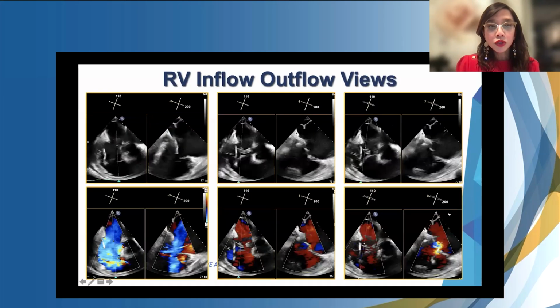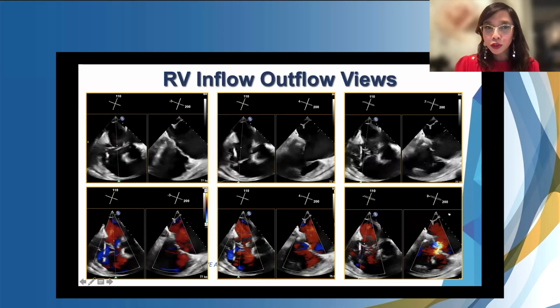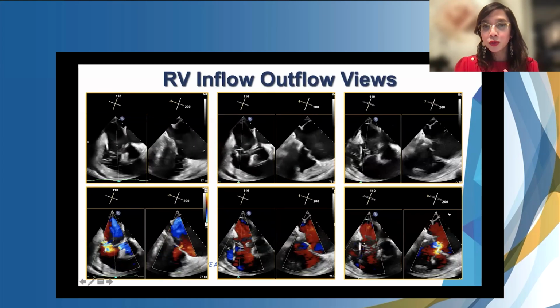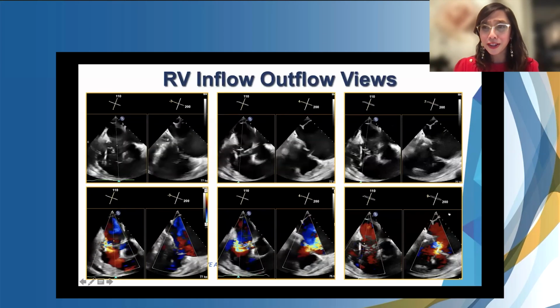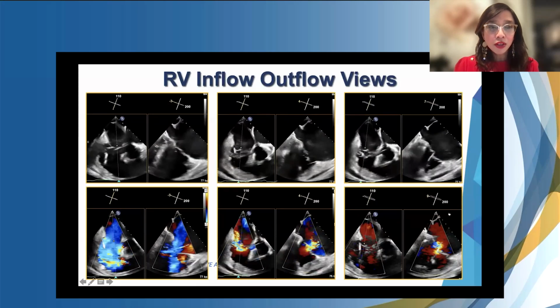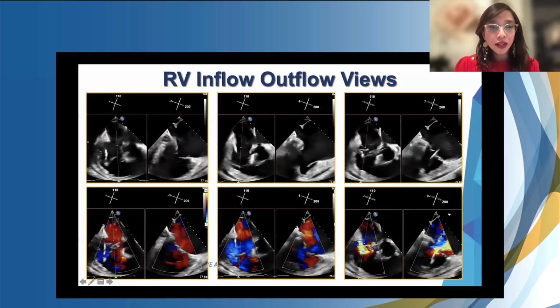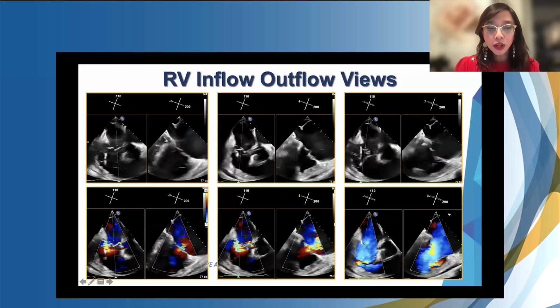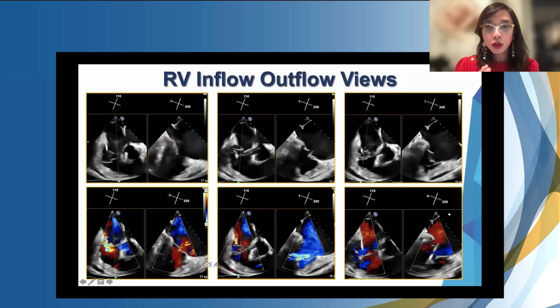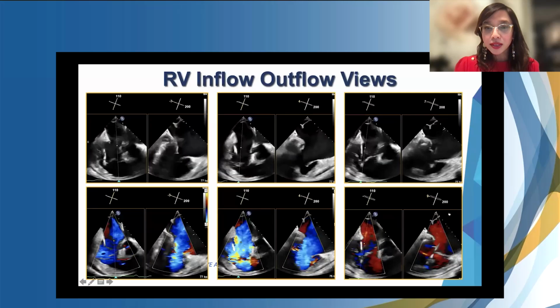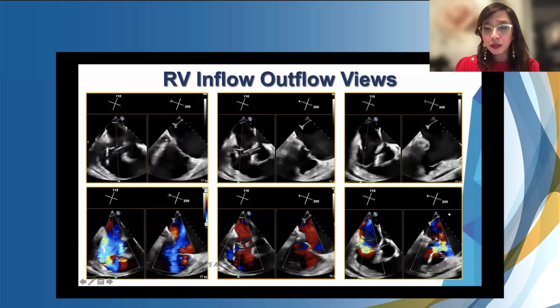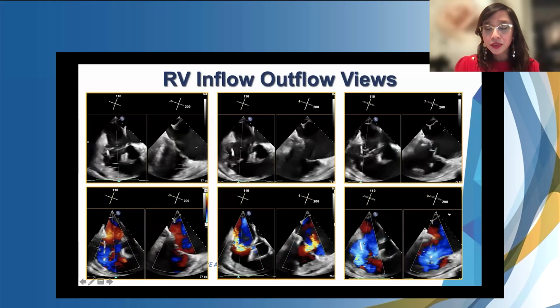Moving to your RV inflow-outflow view, your standard across, doing the sweep and trying to find that grasping view. Starting in your anteroseptal, you can see the top row on the left-hand side, your anteroseptal color Doppler, not much TR jet, and then moving closer to the mid, what you can see is that prolapse and possible flail of that septal leaflet.